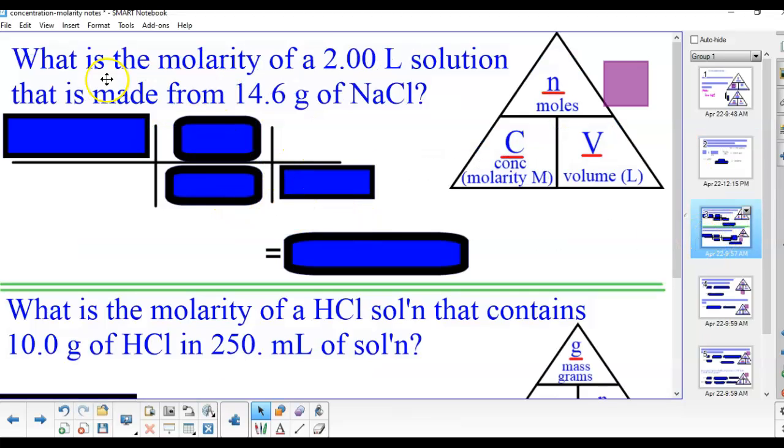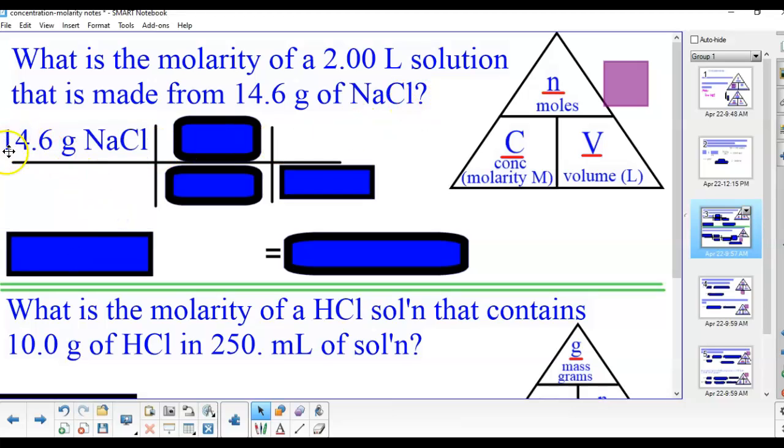Let's take a look at another problem. What is the molarity of a 2-liter solution that is made from 14.6 grams of sodium chloride? Start by indicating what's given to you in the problem. In this case, we're going to pick the grams. We don't want grams. We want to cancel it out.